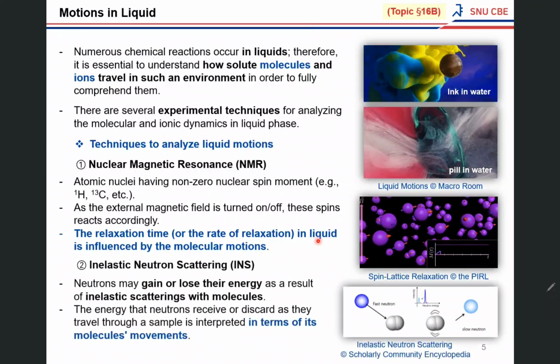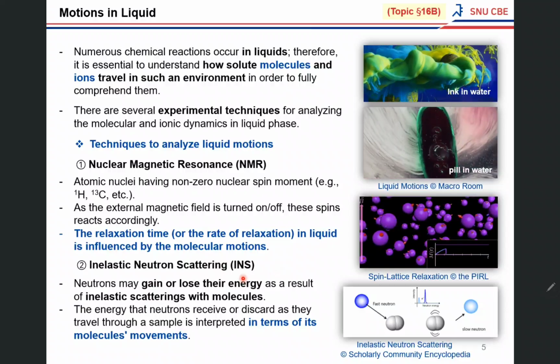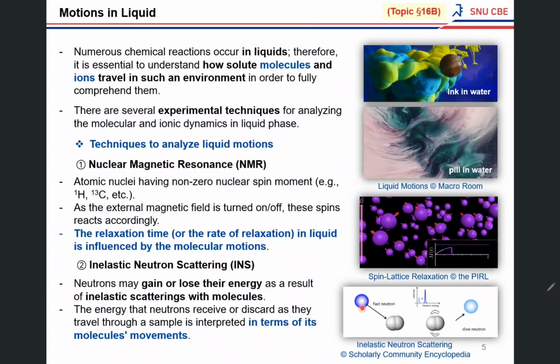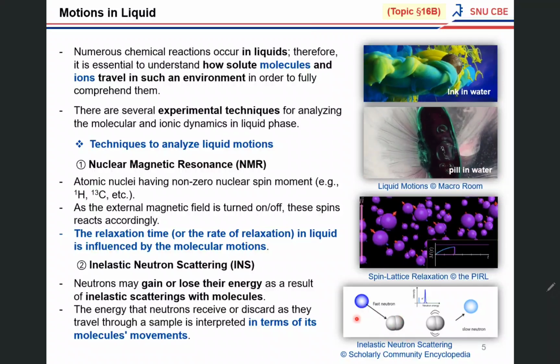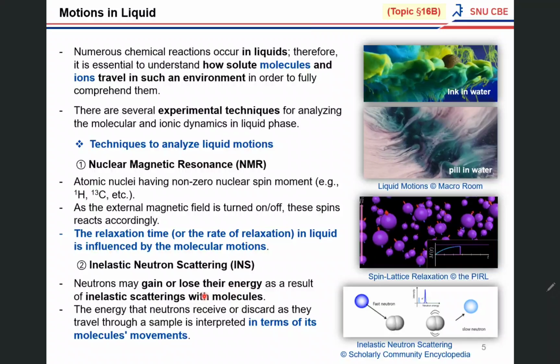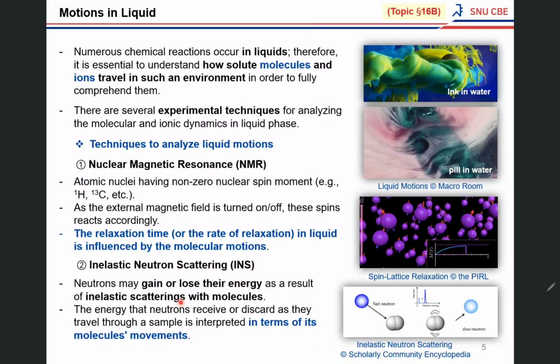And then you can also use inelastic neutron scattering, in short INS, technique. Neutrons may collide with the molecules or ions in the liquid phase, and they may lose or gain energy because their scattering or collision is inelastic.